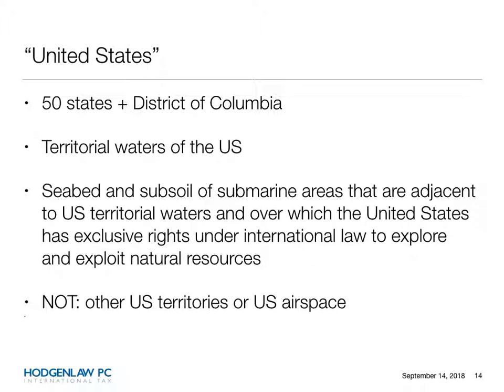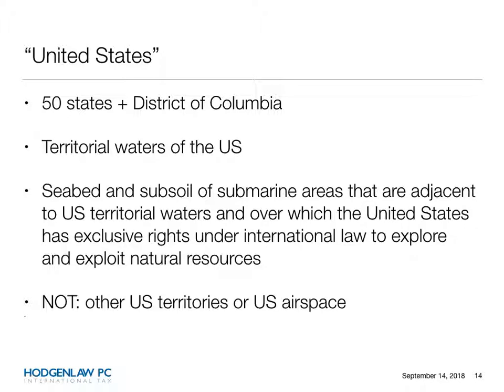The United States is defined as all 50 states plus DC, the territorial waters around the US, as well as the seabed and subsoil of submarine areas that are adjacent to US territorial waters and over which the United States has exclusive rights under international law to explore and exploit natural resources. So most likely that last part wouldn't have applied to you, but it's still in the definition.